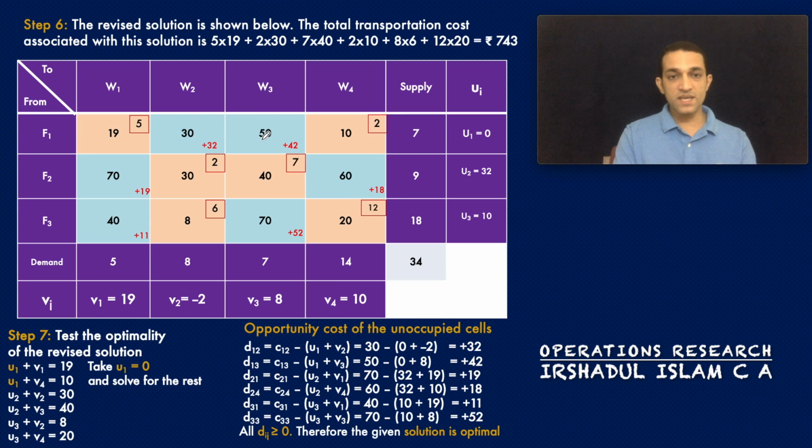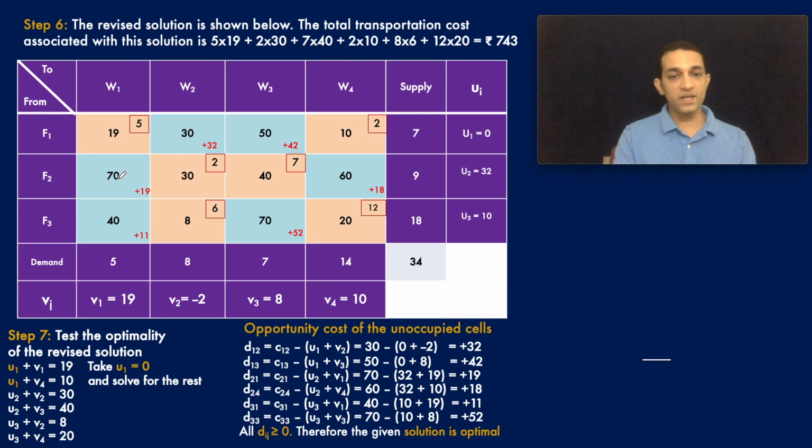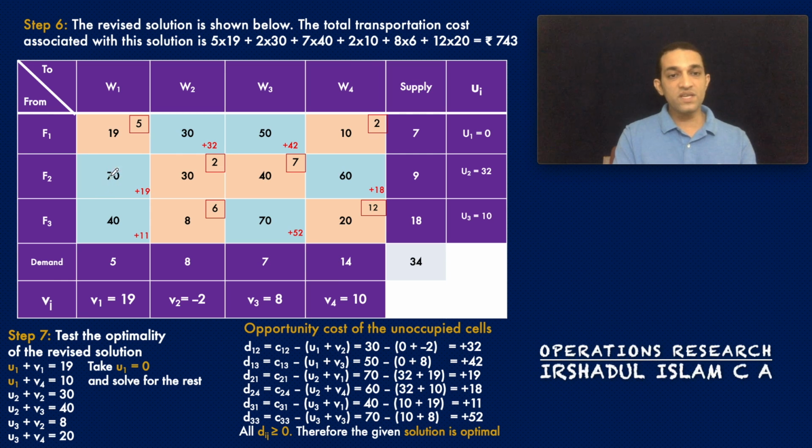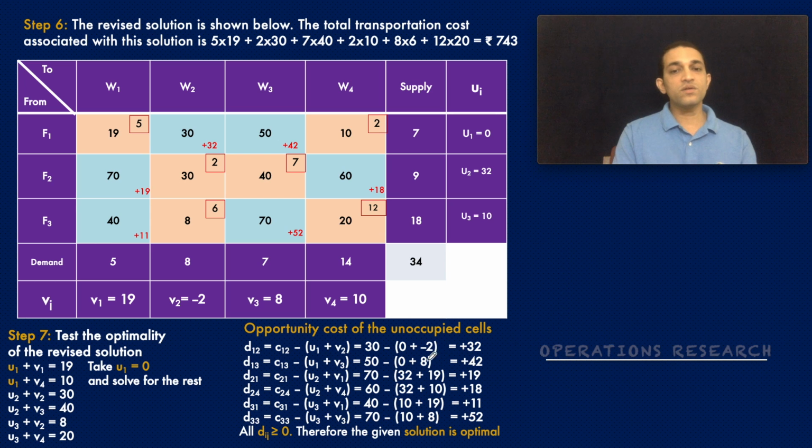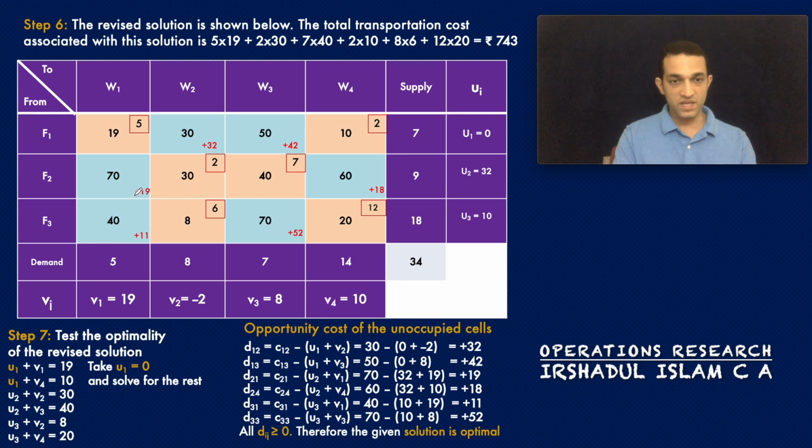Similarly, we can easily calculate d13 equal to c13 minus (u1 plus v3), that is equal to 50 minus 8, that is plus 42 here. Here d21, that is c21 minus (u2 plus v1), 70 minus (19 plus 32), 19 plus 32 equal to 51, 70 minus 51 equal to plus 19.